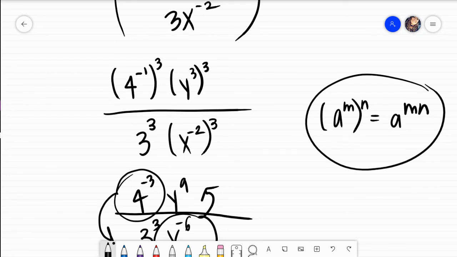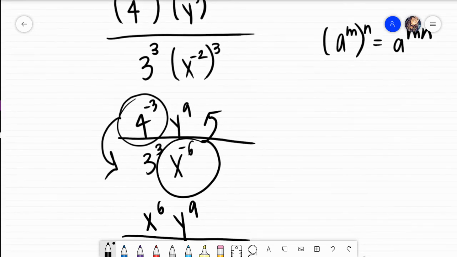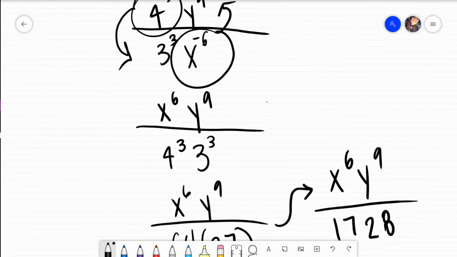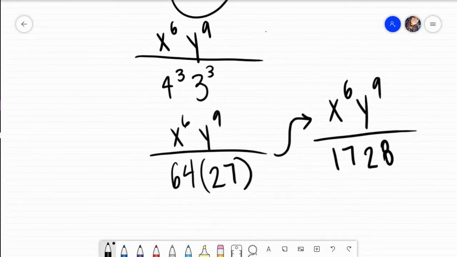Then after doing that, I still had some negative exponents, so those needed to move to the appropriate places depending on where they started. In the video I've been saying that's it, you're done, but in the homework you'll probably have to evaluate that. The answer in the far right corner would be the final answer.